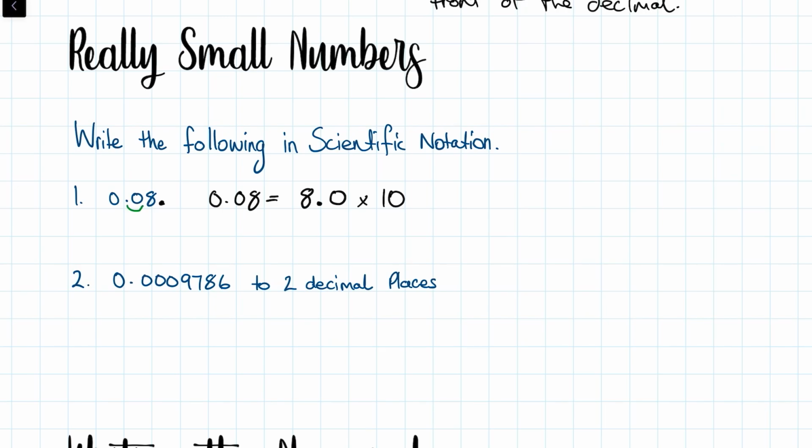I moved it 1, I moved it 2. But this time I moved it in the opposite direction from before. So because it's the opposite direction, because now we're dealing with small numbers, I write 10 to the power of -2.